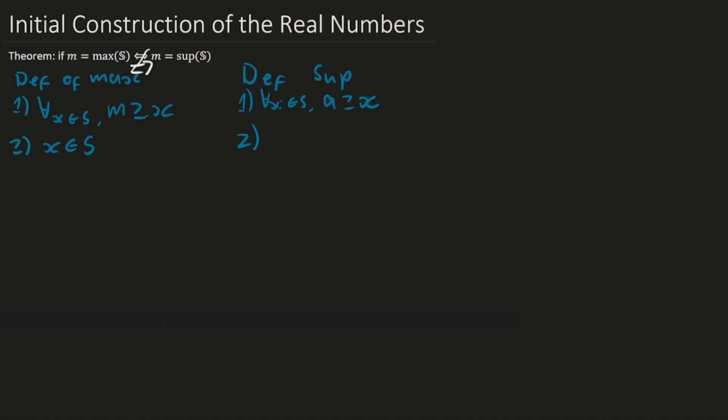So that is, for all P less than our sup A, there exists some element x in the set such that P is less than that element.